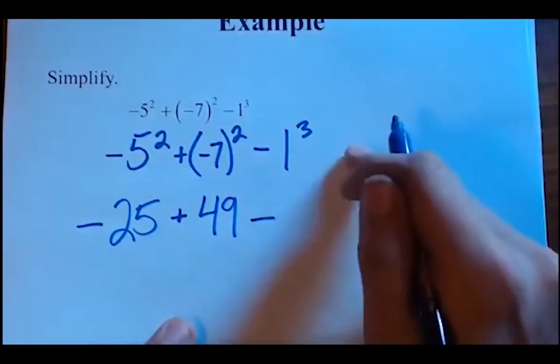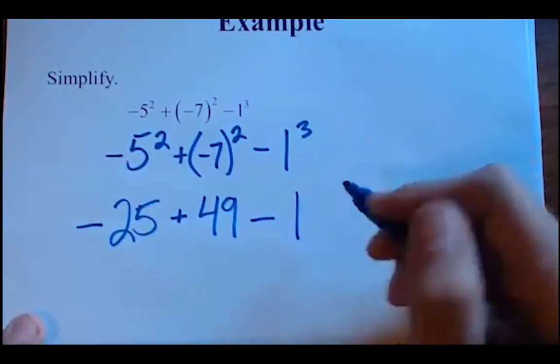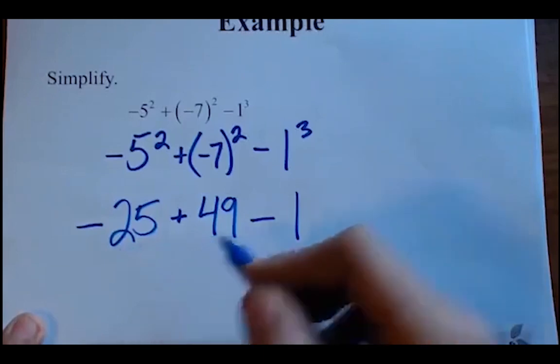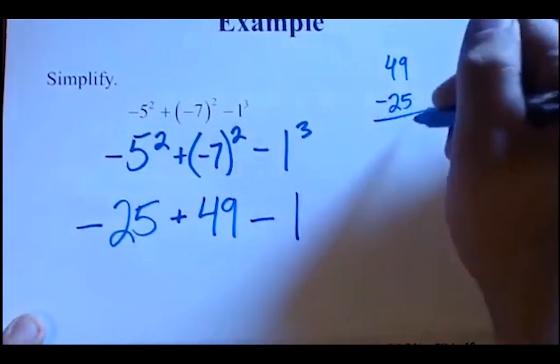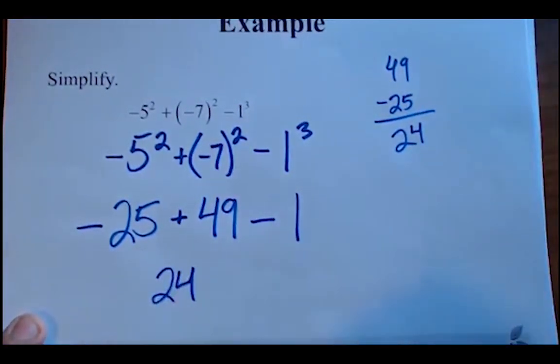Minus 1 cubed is 1 times 1 times 1, which is 1. So we have negative 25 plus 49, which is the same as 49 minus 25. That's going to be positive 24.